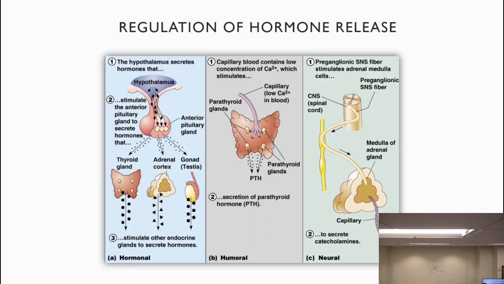If the calcium is low, PTH is going to be released from the parathyroid glands, it's going to go to the blood, and act to increase the calcium concentration and decrease the phosphate concentration. Why is that necessary?